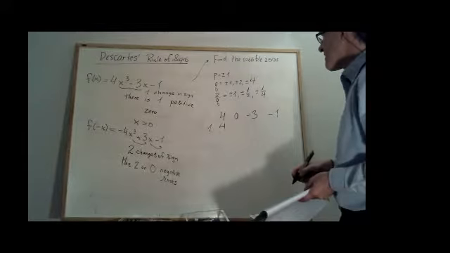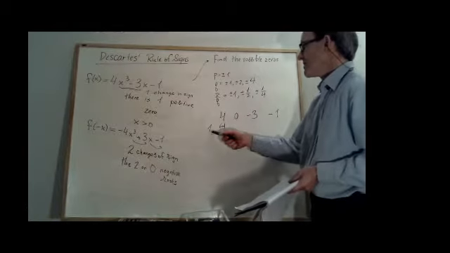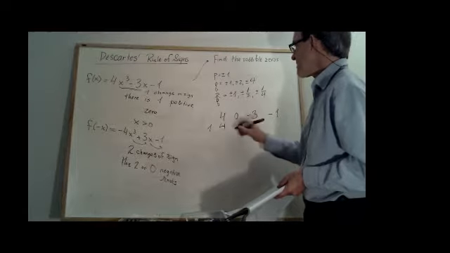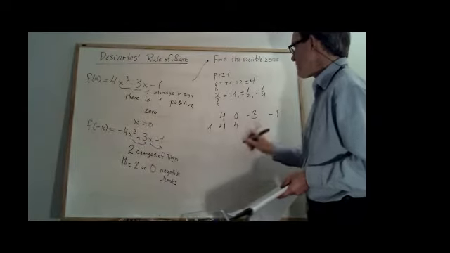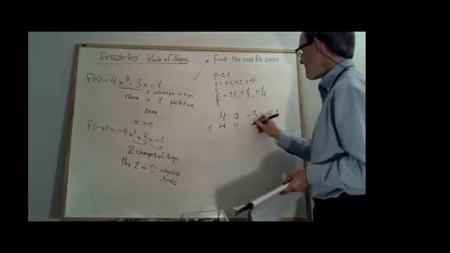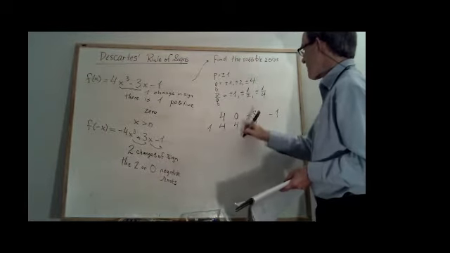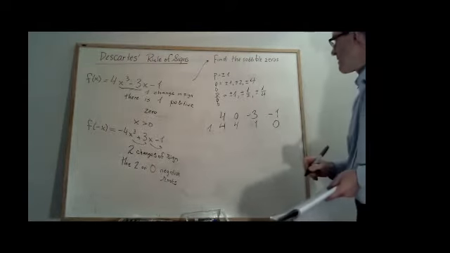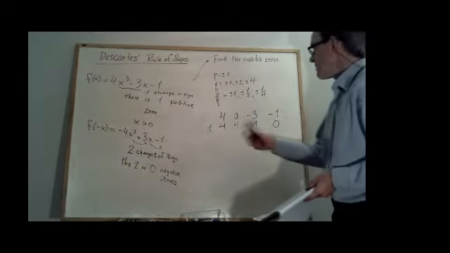So already some of you might have guessed that 1 must be a root. So let's try it. 1 times 4 is 4, plus 0 is 4, plus 3 is 7, plus 1, and then minus 1 is 0. So already we get that 1 is a root.